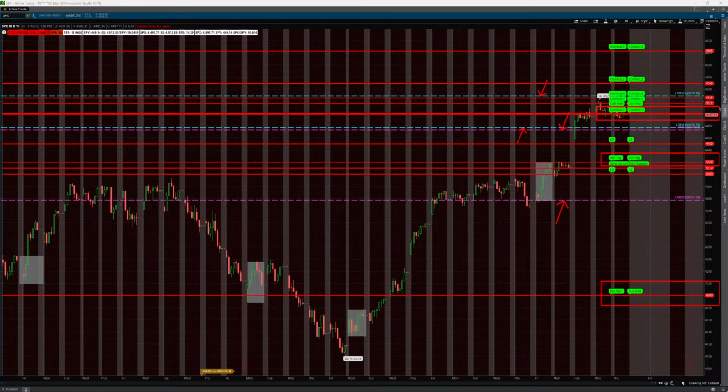Looks like there's a combo level right below that, or maybe price right below that. 4,500, a very important level, and that is both the call wall and the absolute gamma strike. So absolute gamma strike is the strike with the largest absolute positive and negative gamma.